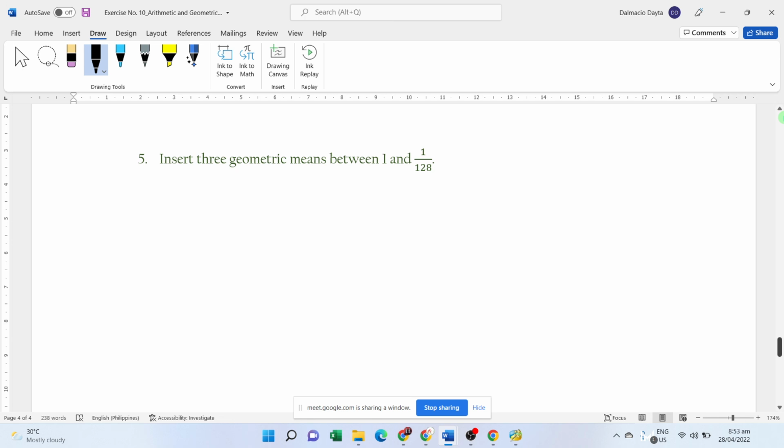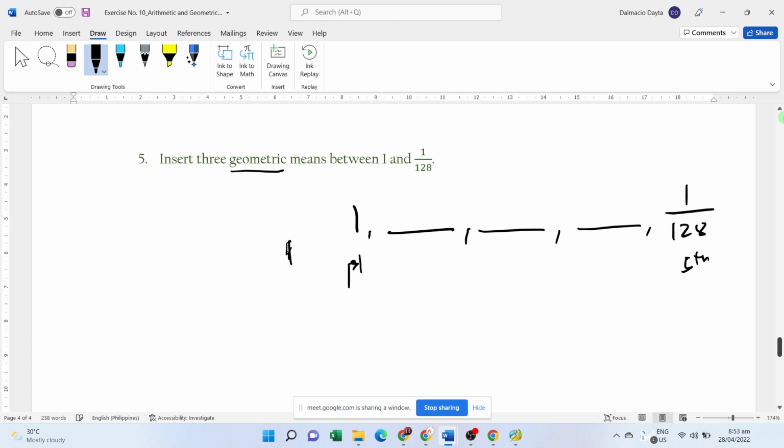Wala yung aking pen. So we have 1 and then the second, how many are we inserting? Three, no? The third, the fourth term, and the fifth term must be 1 over 128. If this is a geometric progression, then 1 over 128 is the fifth term and 1 is the first term.